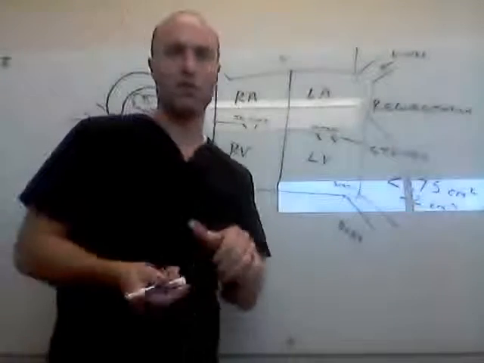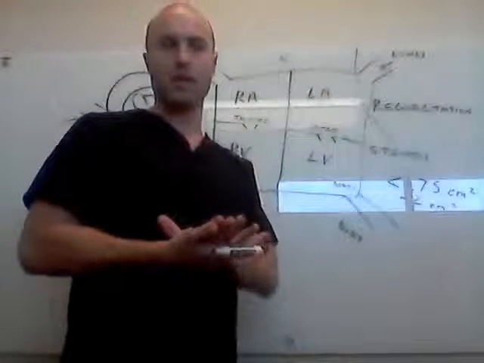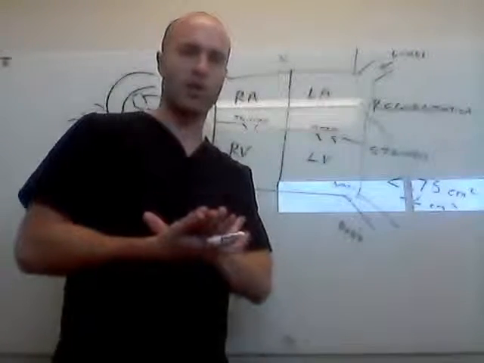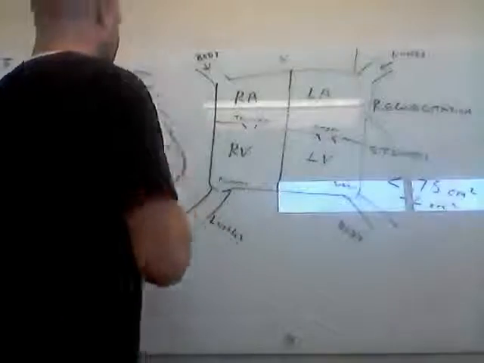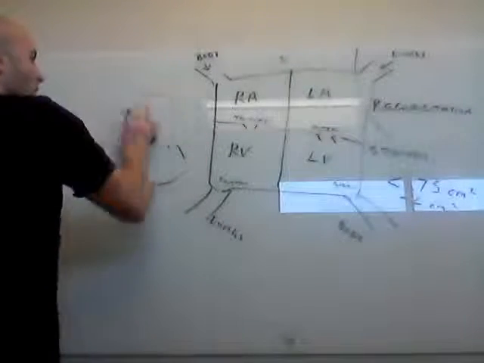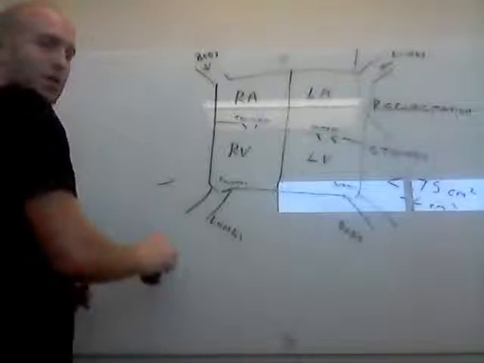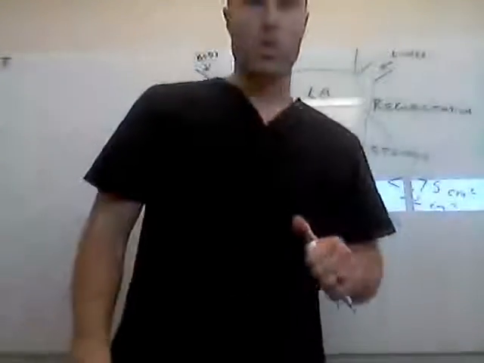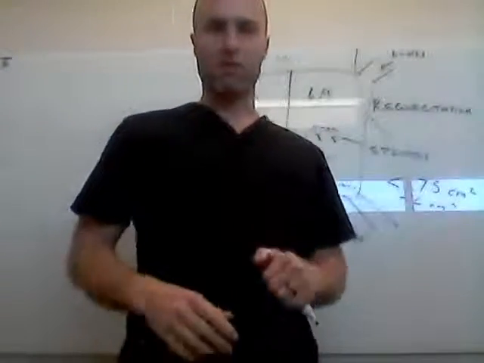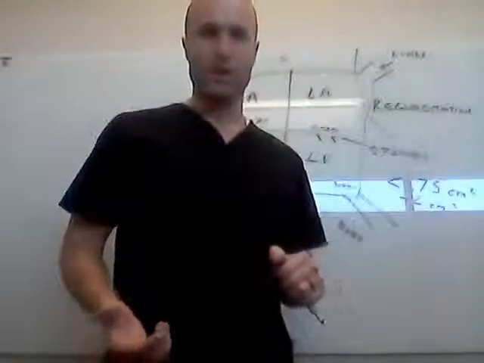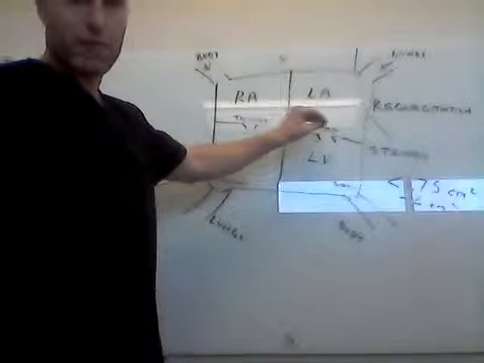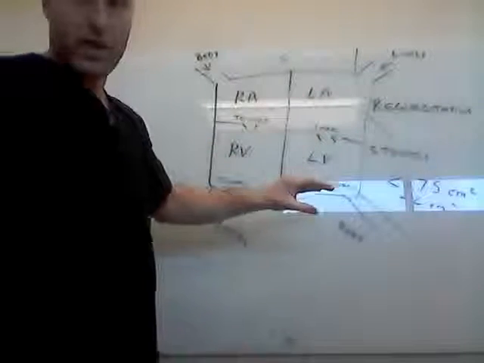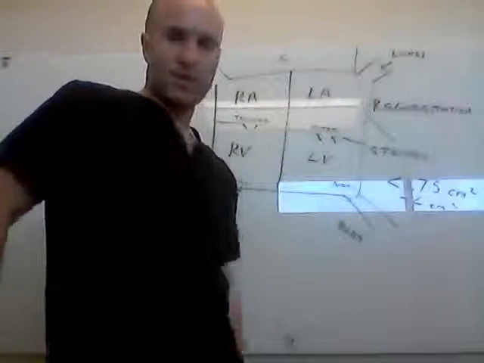So when the AV valves close, that makes a sound. That's your first sound. The second sound occurs when the AV valve opens. So the AV valve closing is your first sound, and it opening again is your second sound.